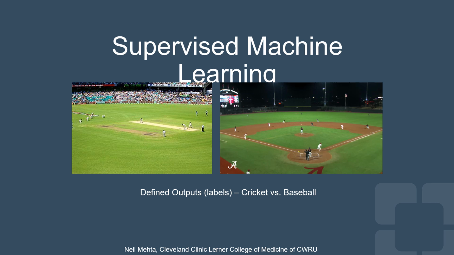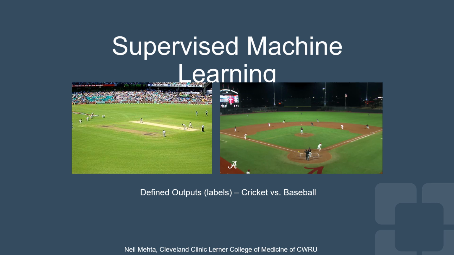A lot of us who grew up in the Commonwealth have often tried to understand the American game of baseball. And so let's take a look at that example to understand supervised and unsupervised machine learning.